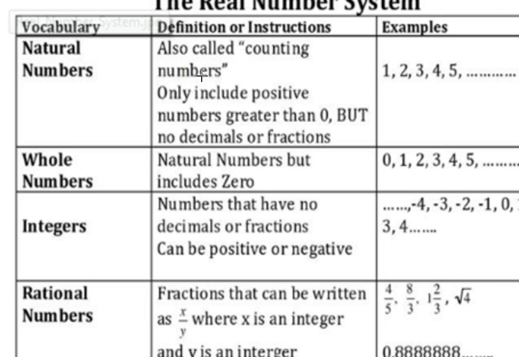Natural numbers include only positive numbers greater than 0, but no decimals or fractions. Numbers like 1, 2, 3, 4, which we use for counting, are known as natural numbers. But they do not include 0, and they do not include decimals or fractions.